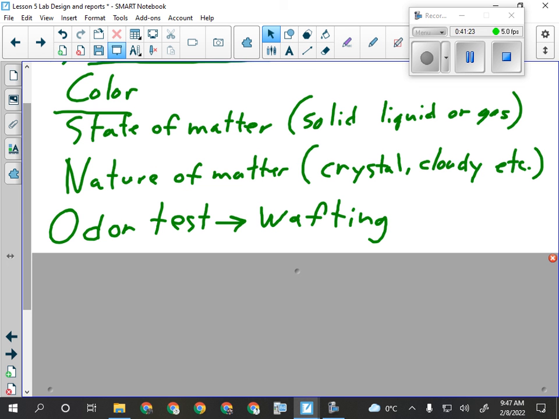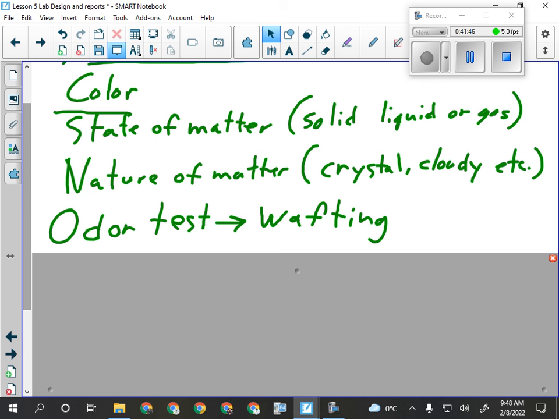It's simply going to have 6 depressions in it, so you'll be able to test half of the materials at one time. You'll put enough in here to kind of cover the bottom. You really don't need much more than that. If you heap it full, it's going to be really hard to do the solubility test because there'll be no room for the water. So cover the bottom with the unknown material.